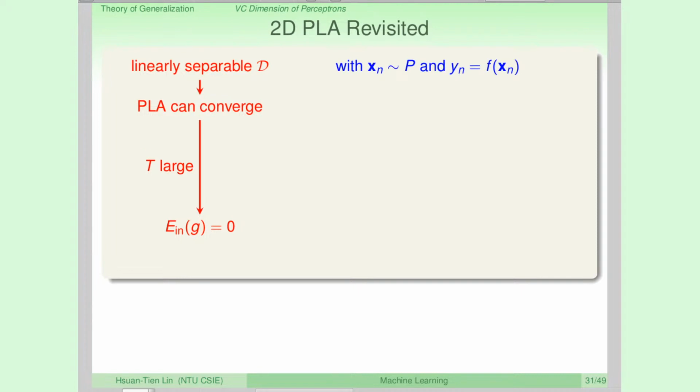And the other part: now if we assume that the dataset that we have on hand is generated from some distribution, okay? This distribution was initially saying the input is IID from some P and Y is from a target function. That target function can be linear or nonlinear, okay? It doesn't matter to us.